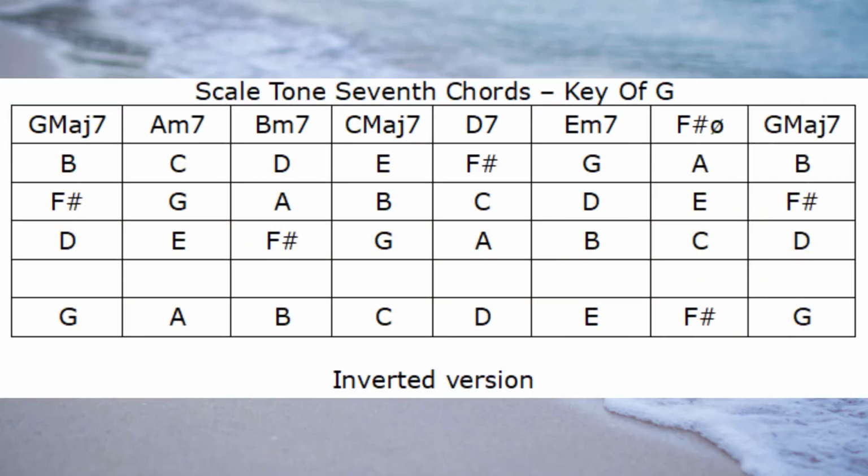Back to our scale tone 7th chart, and we're going to use the same strategy, that is, moving the second note from the bottom up an octave. We're going to do this with each chord in the key of G.